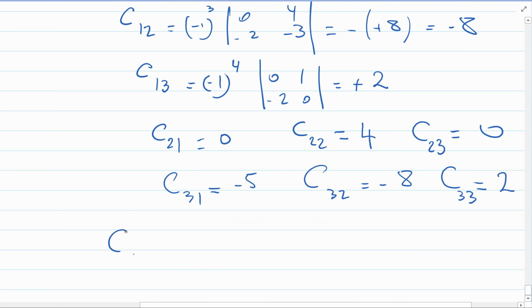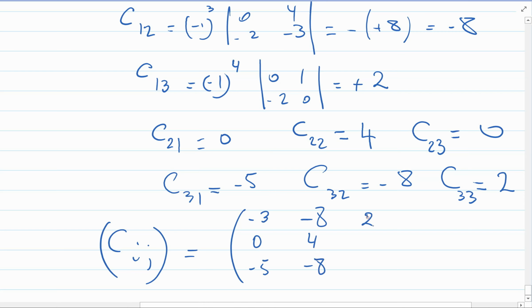So the C_ij, or the cofactor matrix, is going to be minus 3, 0, minus 5, minus 8, 4, minus 8, 2, 0, 2.